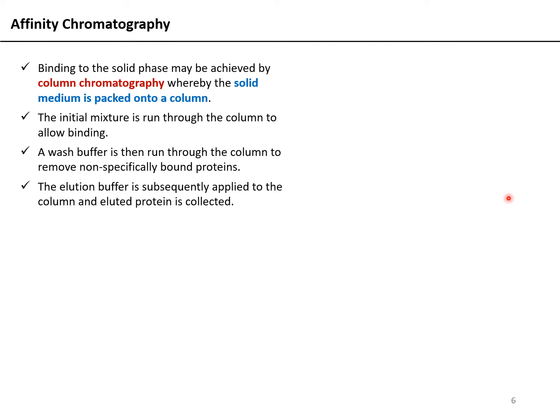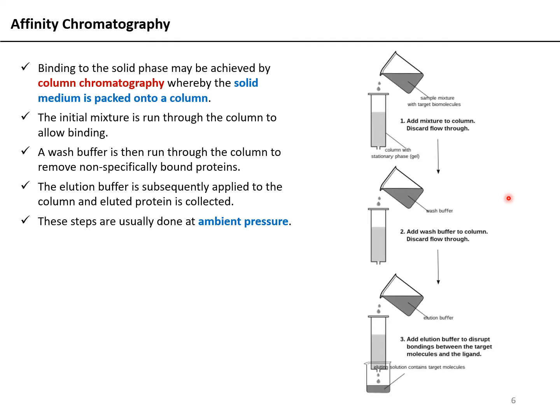So this is exactly what we just discussed. These steps are usually done at ambient pressure, that is under atmospheric pressure. You do not apply any external or additional pressure to it, or regulate the pressure in any manner whatsoever.